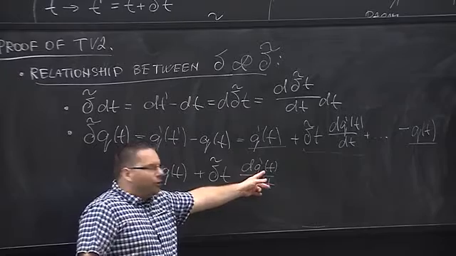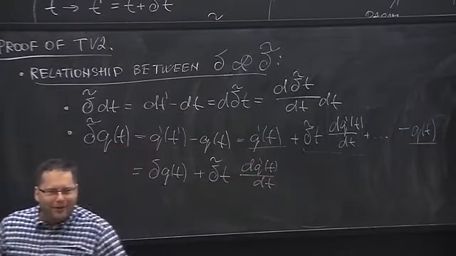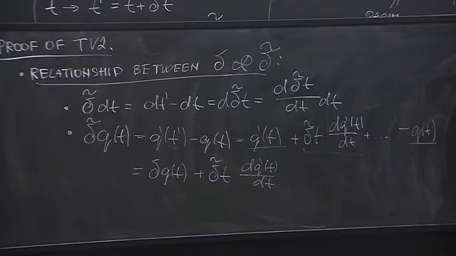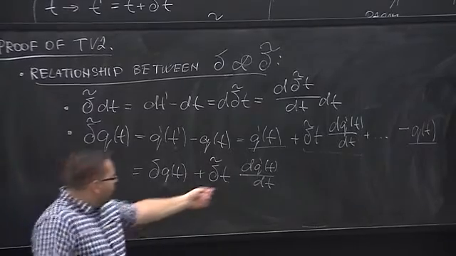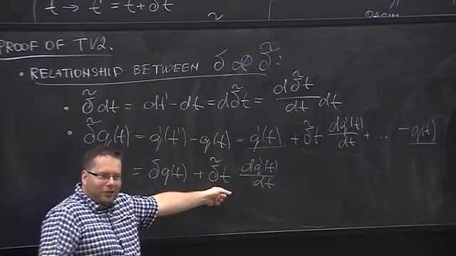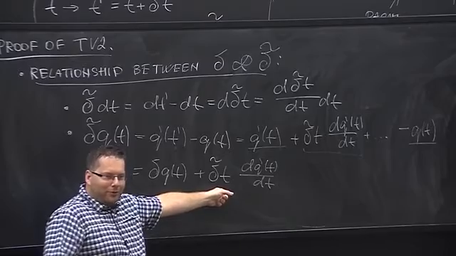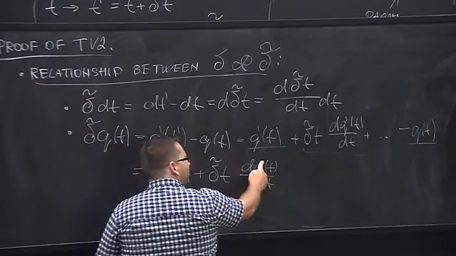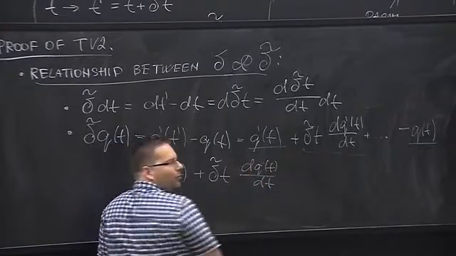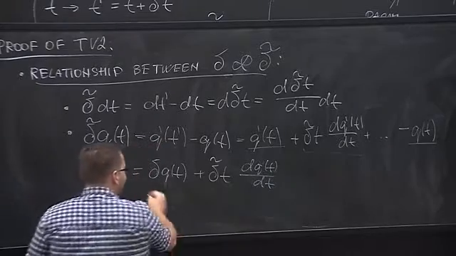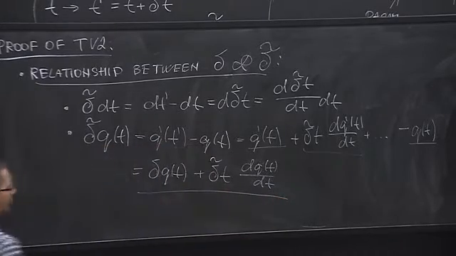But I can also delete this prime here, because q is very close to q prime. They differ by order of epsilon, so the difference is very small. But I already have an epsilon in delta tilde t, which is already of the order of epsilon. So this is also true, plus higher order terms. This is your result, because I'm throwing away higher order terms in epsilon.